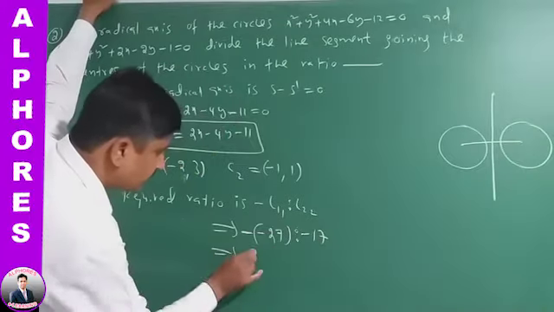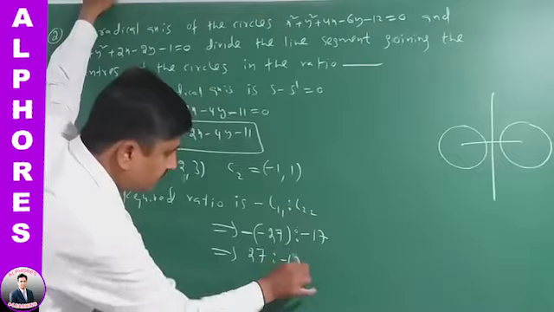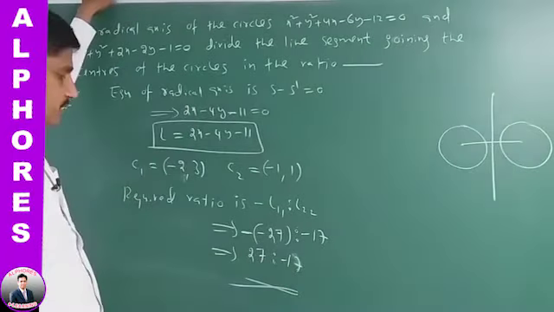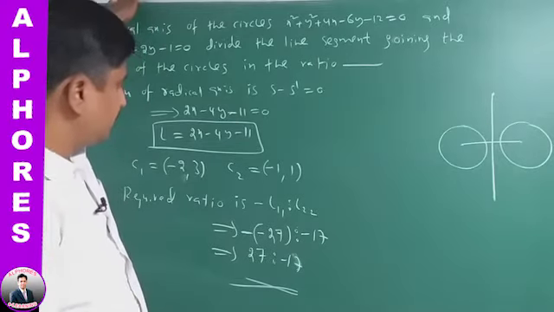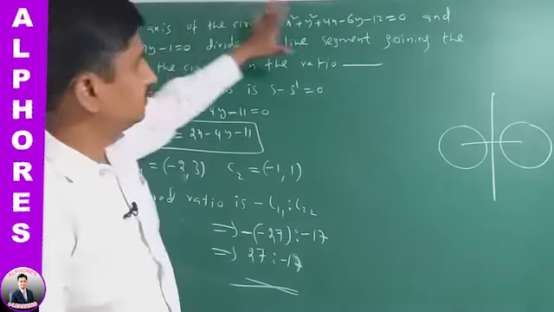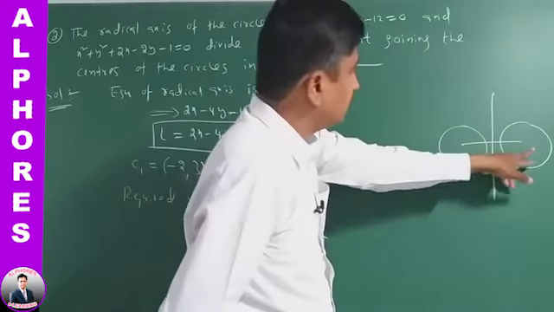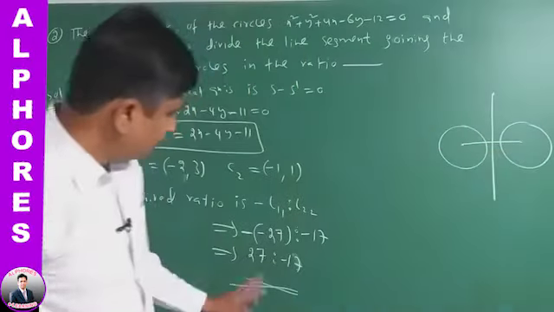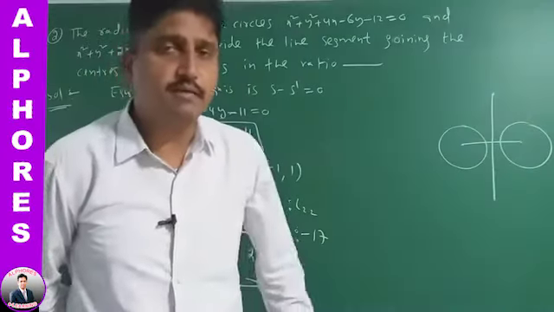Next it is 27 is to minus 17, therefore minus 27 is to 17. Here the radical axis of the two circles divides the line segment joining the centers of the circles in the ratio 27 is to minus 17, or minus 27 is to 17.